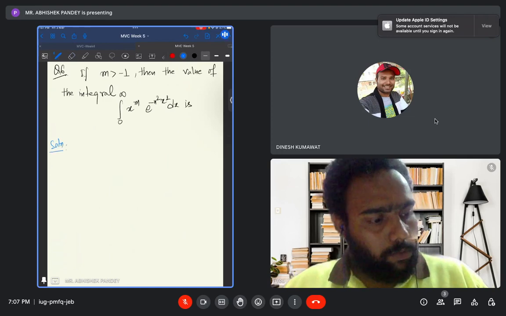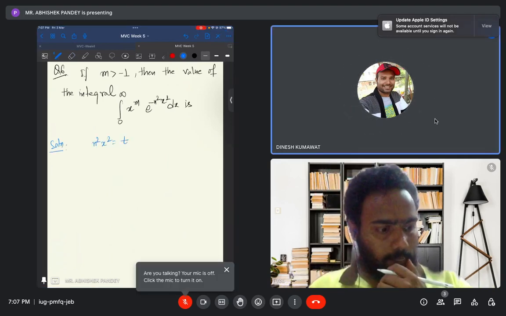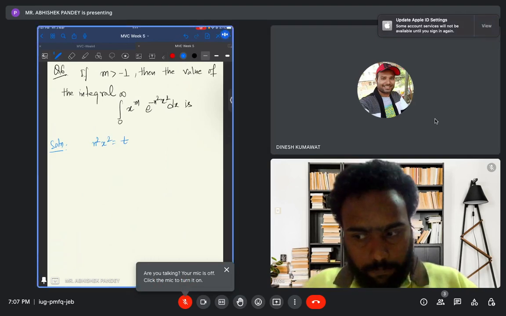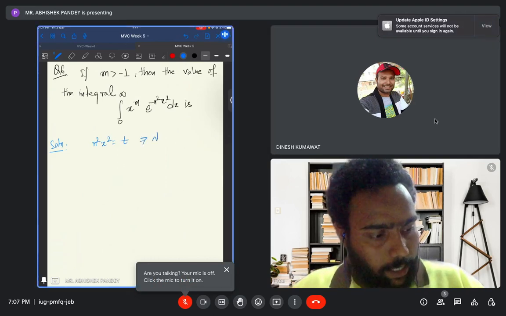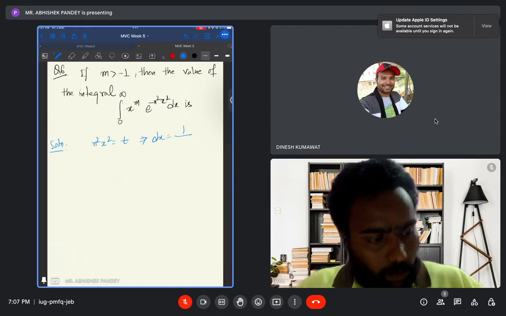So here what we will do, let us take n square x square equals t. So this implies dx is 1 by 2 n square x dt.